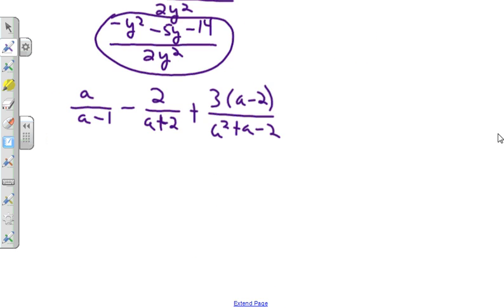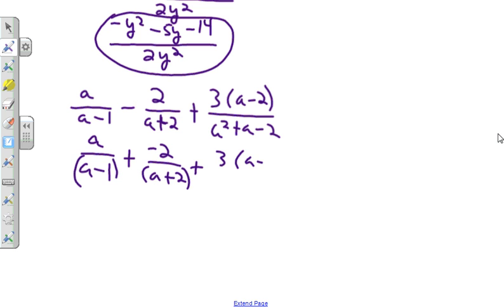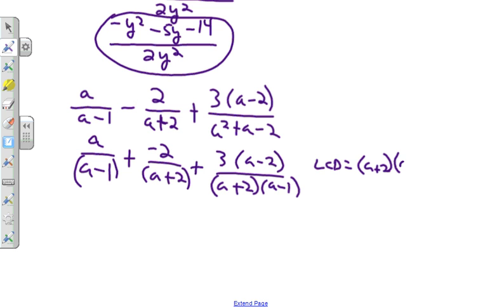This last problem, I've got to practice this one denominator over here, so I'll just rewrite the problem before I do that and actually make that a minus 2 over a plus 2. I'm going to factor that denominator, factor the -2, it sums to 1: a plus 2, a minus 1. So my LCD here is a plus 2, a minus 1, okay?